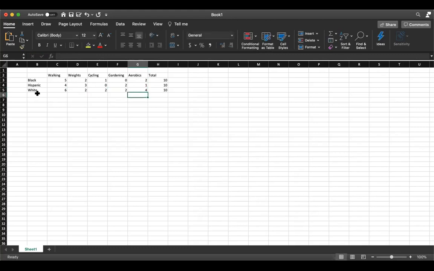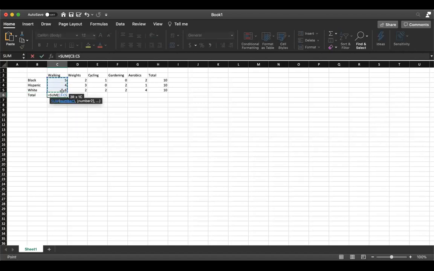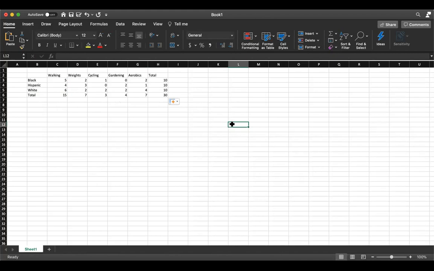Generally, I would create formulas for all this stuff, but we don't really need to create formulas just yet. Generally, I would use the sum formula to sum everything up, like this, to make sure they were what we said they were. Then I would drag these like that and get those.